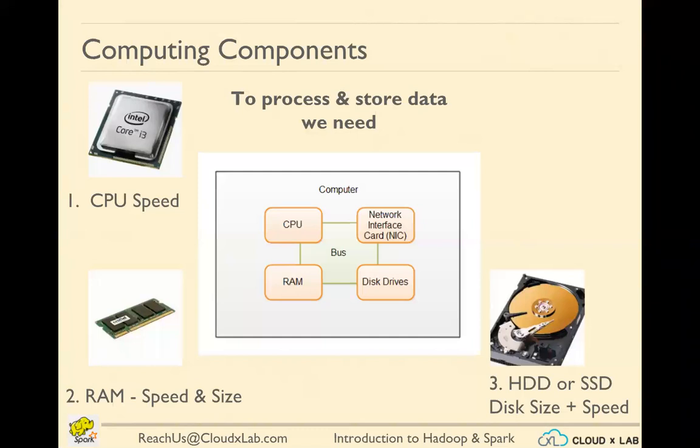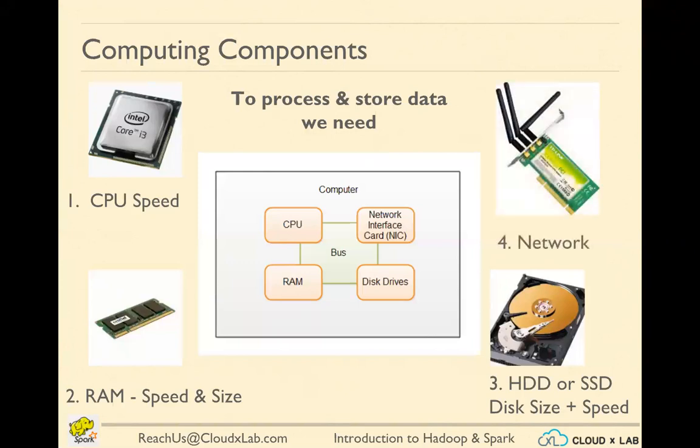In server-grade hardware, you can see the RAM be maybe 100 or 200 gigabytes. Now, disk drives are either hard disks or solid state drives. Hard disks are huge in size and cheaper, while solid state drives are faster but smaller and costlier.